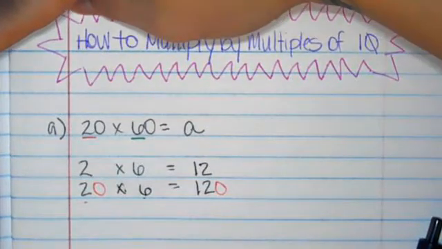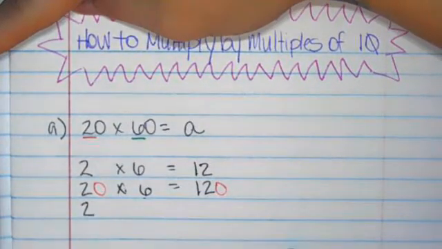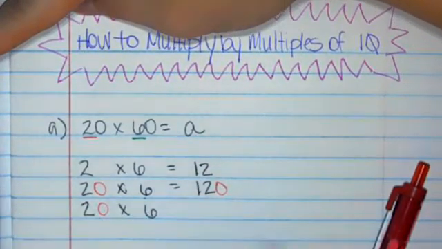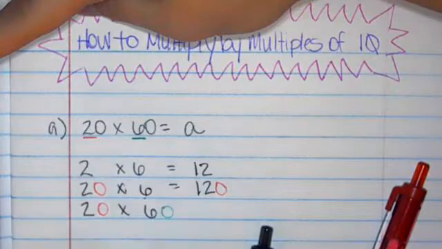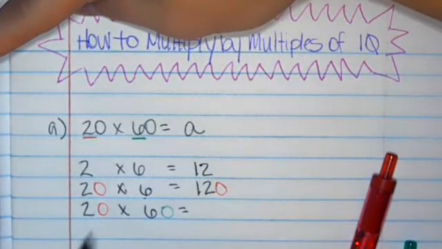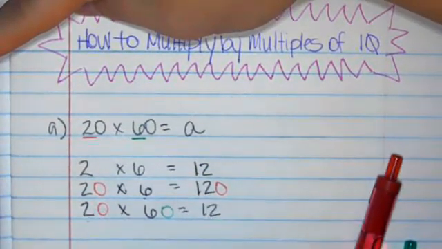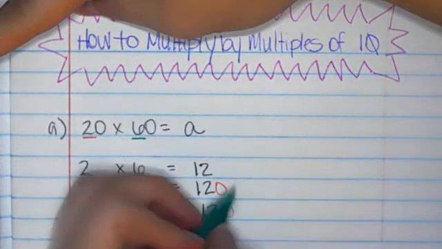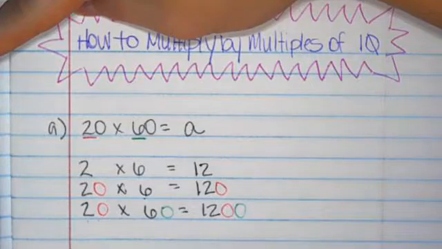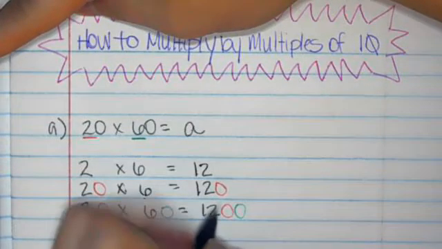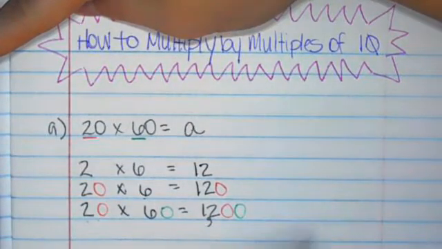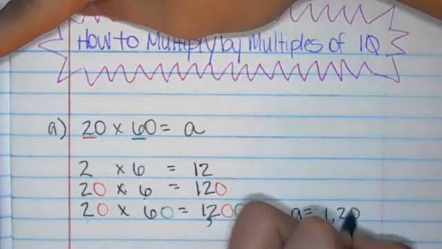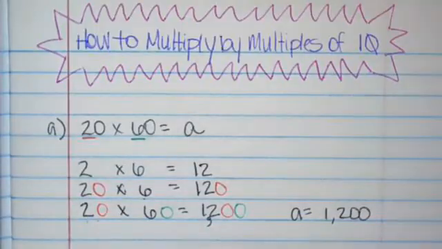Then we are going to do 20 times 60 to find that our basic math fact again is 2 times 6, which is 12, and then we have the 0 from here and the 0 from here to find that our solution is 1,200. So I can write down that A equals 1,200. Let's try another one.